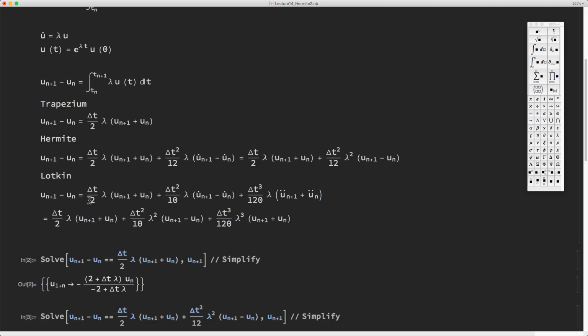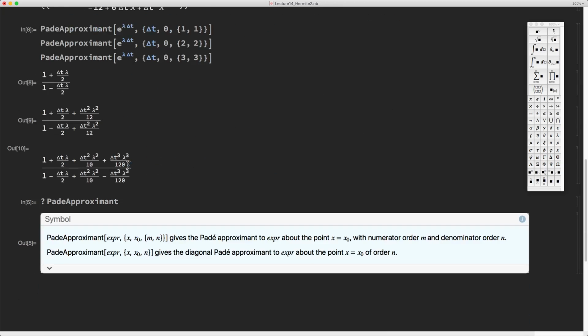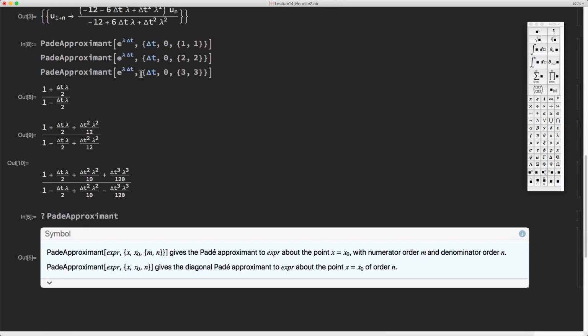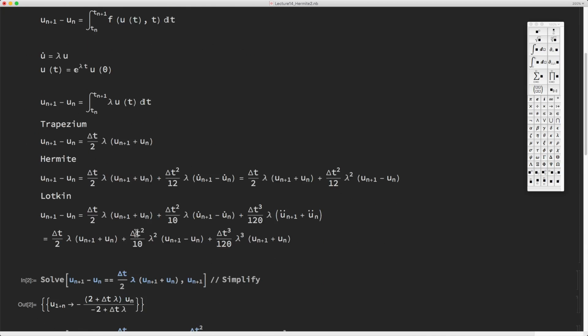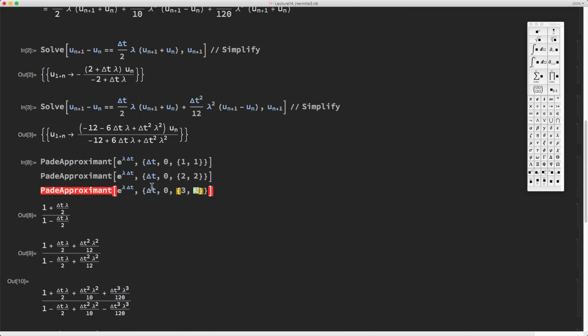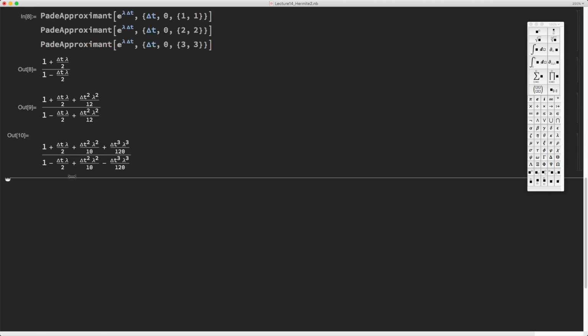Otherwise, if they're linear, you can solve directly. Okay, so obviously you could get the next order by doing a 4-4 here, or if you go back to the Hermite integration video, you can see how to get higher order rules. So now let's go ahead and implement these schemes and see how they work.